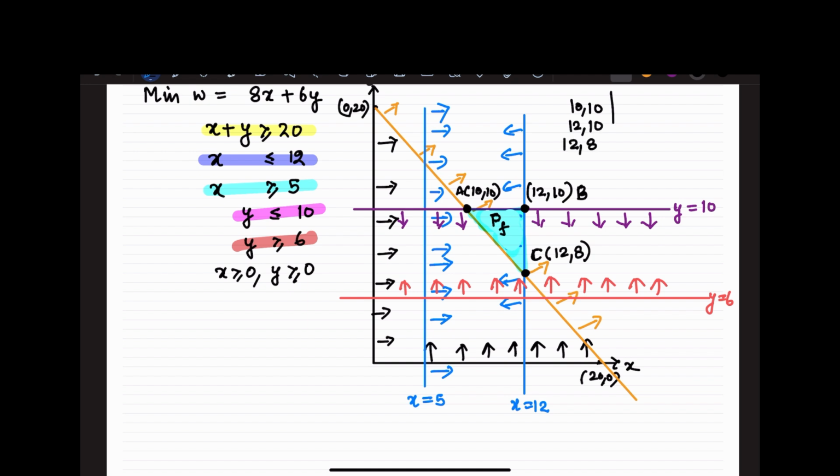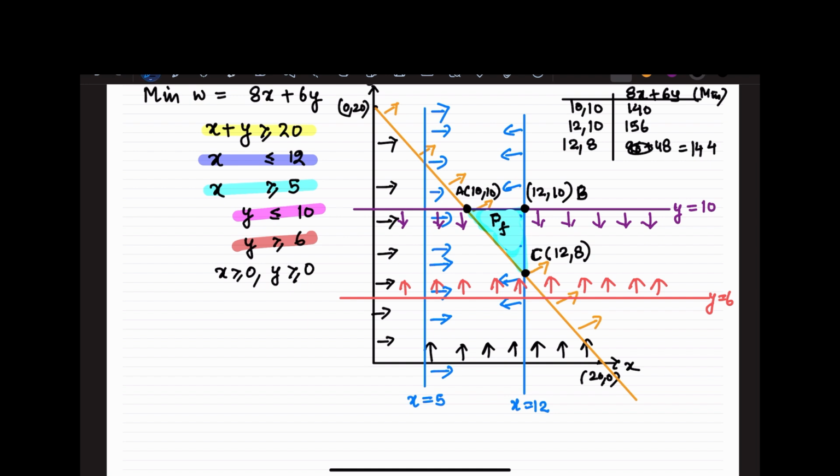The objective is 8x plus 6y, and we have to choose the minimum. So the answer is 80 plus 60, which is 140. 12 into 8 is 96, 96 plus 60 is 156. For (12, 8), 96 plus 48 is equal to 144.